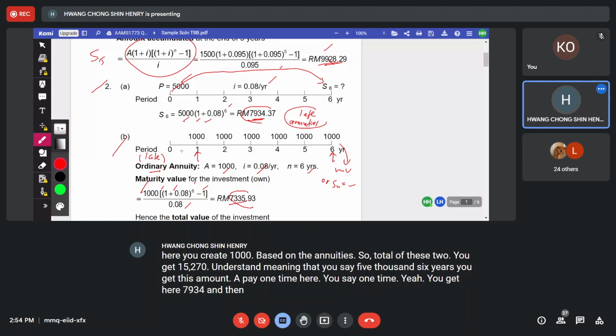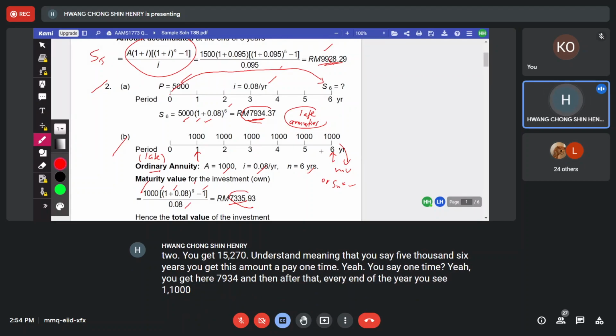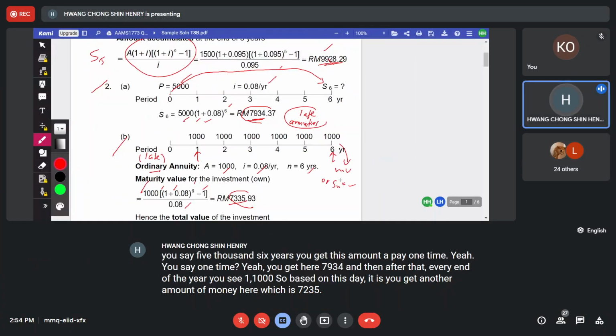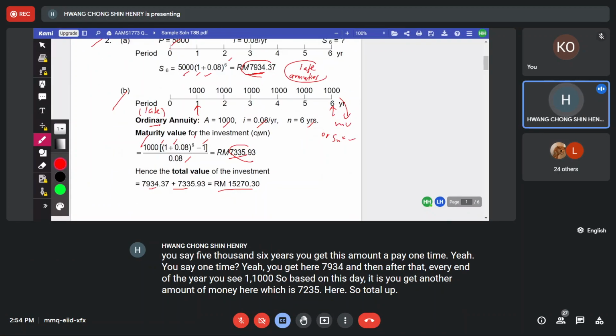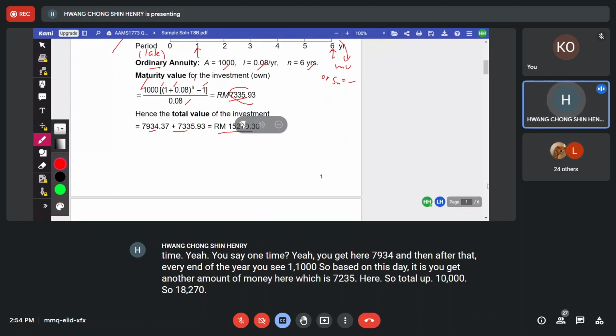And then after that, every end of the year you save 1,000, 1,000, 1,000. So based on this late annuities, you get another amount of money here, which is 7,335. So total up, 15,270. Can you understand or not?